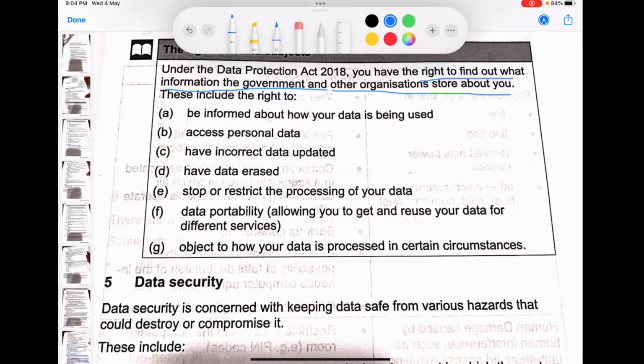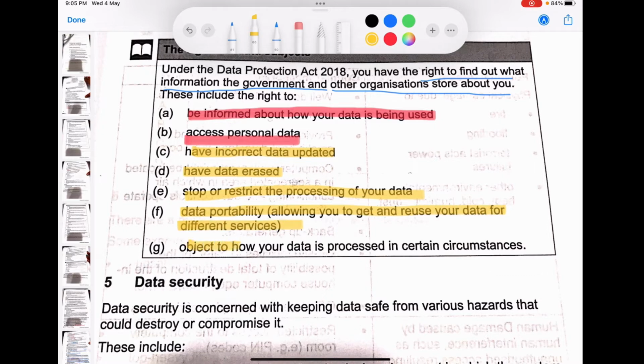These include the right to be informed about how your data is being used, access personal data, have incorrect data updated, have data erased, stop or restrict the processing of your data, data portability, allowing you to get and reuse your data for different services, and object to how your data is processed in certain circumstances.